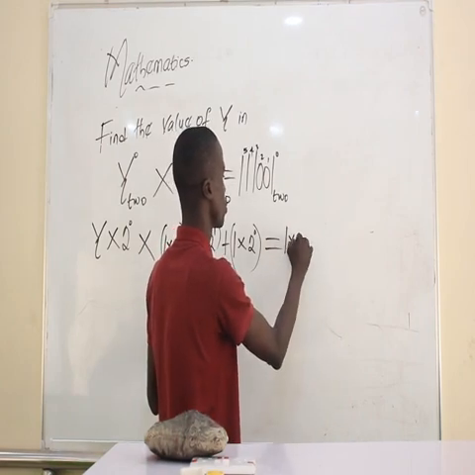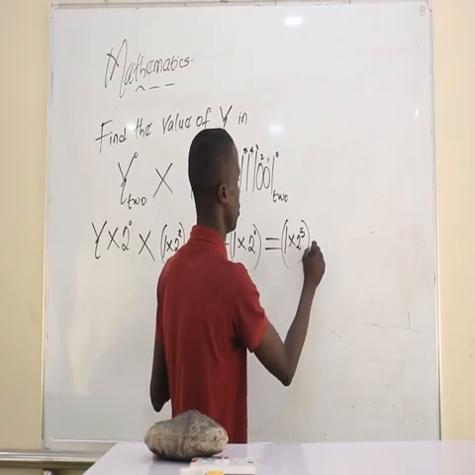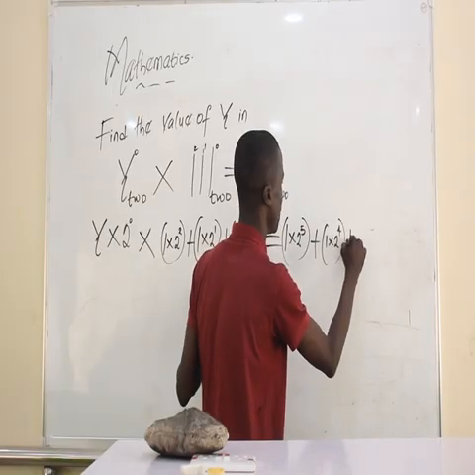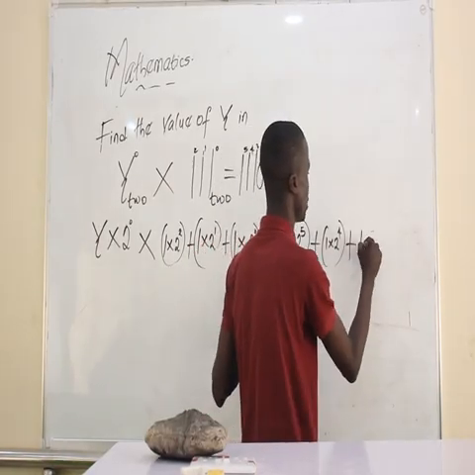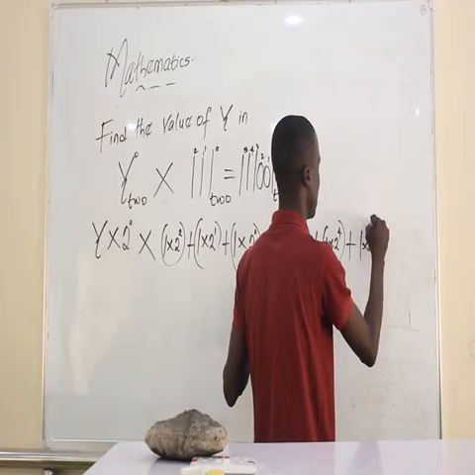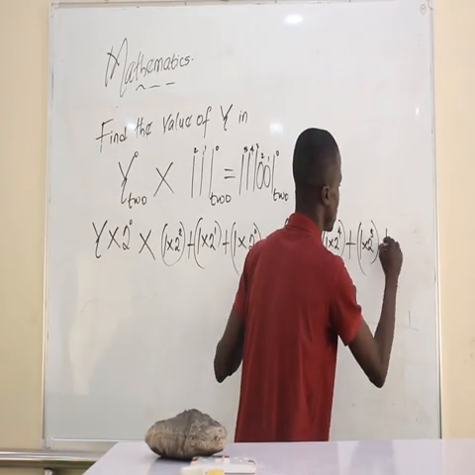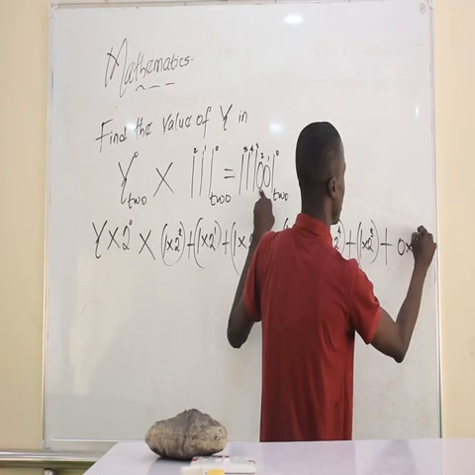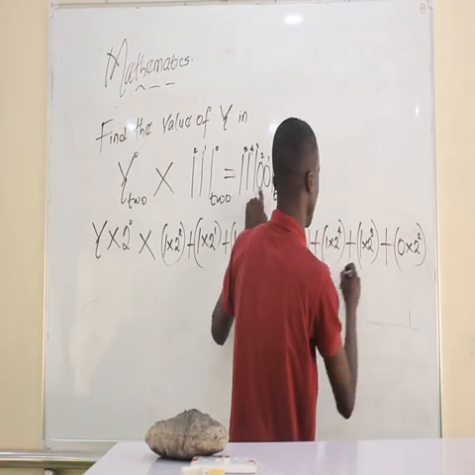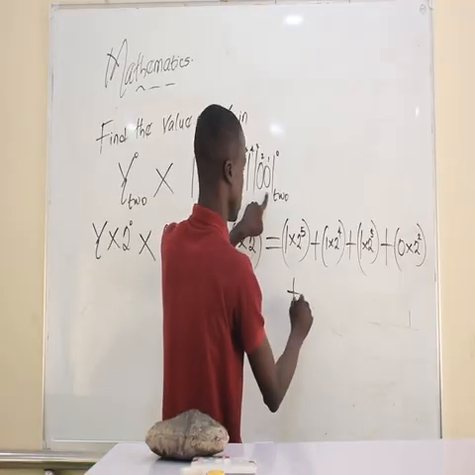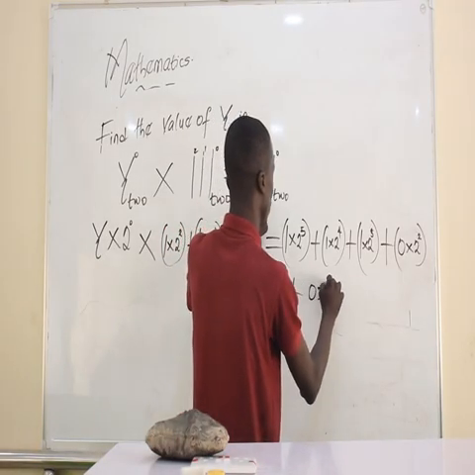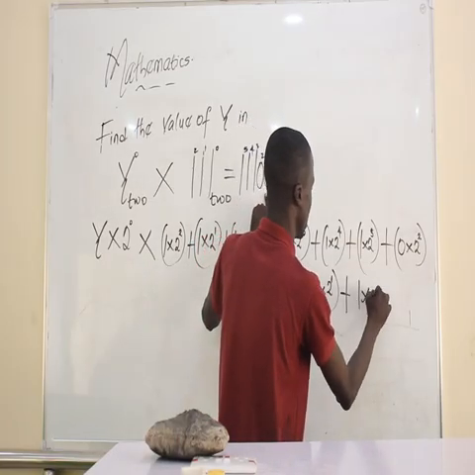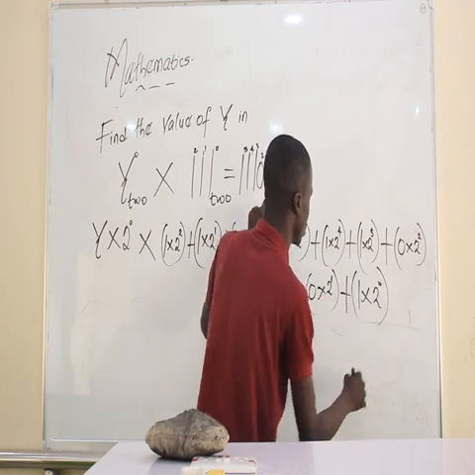Equal 1 times 2 raised to power 5 plus 1 times 2 raised to power 4 plus 1 times 2 raised to power 3 plus the next one is 0, so you have 0 times 2 raised to power 2. Then plus the next one is 0, 0 times 2 raised to power 1 plus 1 times 2 raised to power 0.